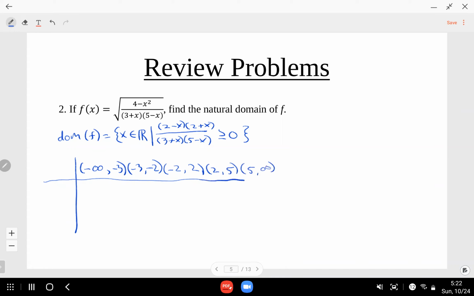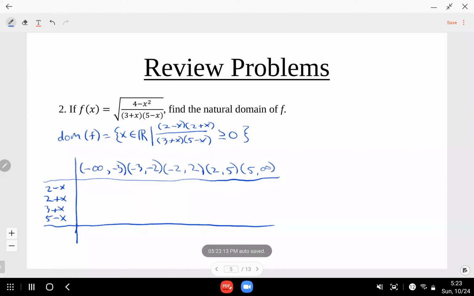Okay, so extend this. Now let's list all this stuff here. Now we just need to solve the inequality.